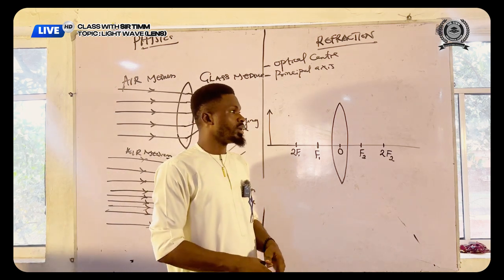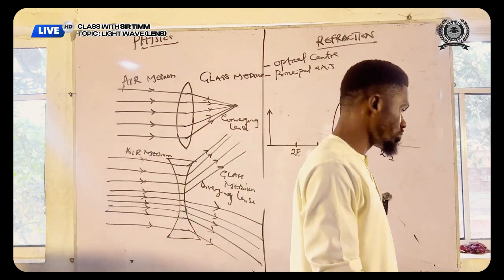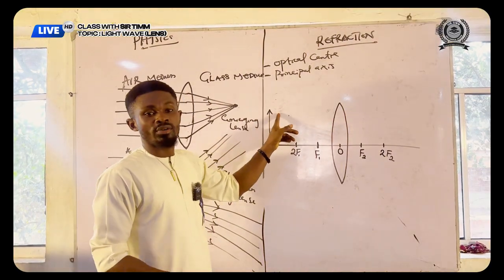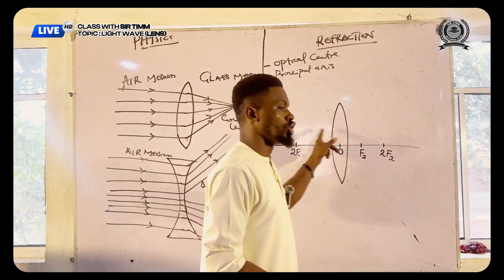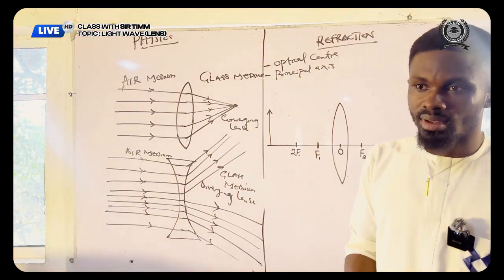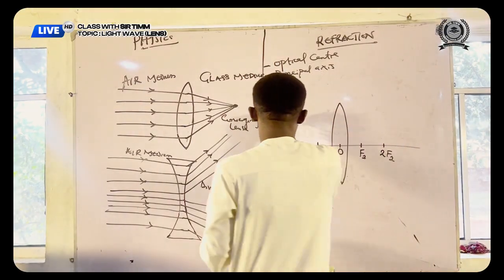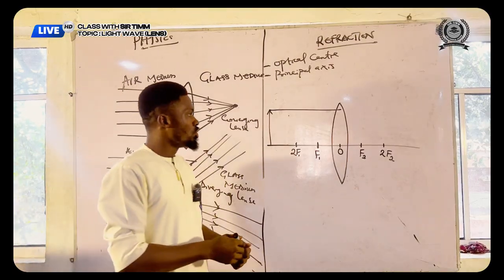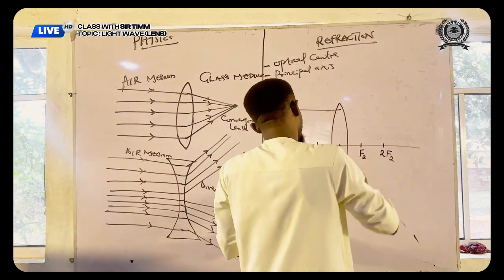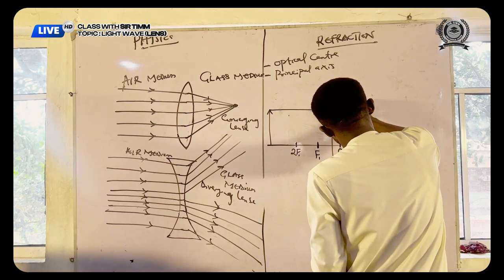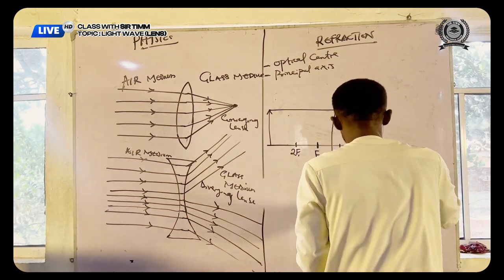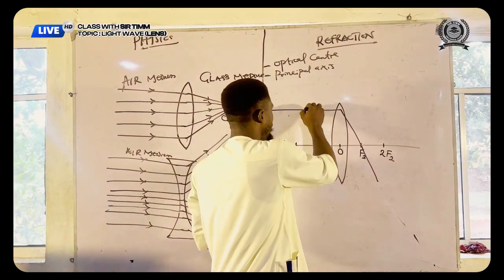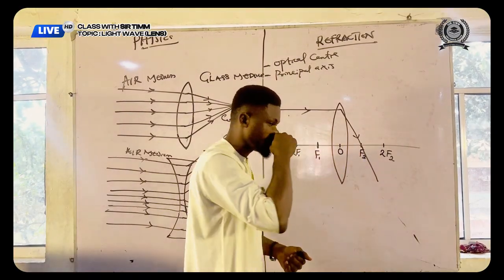Now, the first rule. A ray of light parallel to the principal axis, after refraction, will pass through the principal focus on the other side.